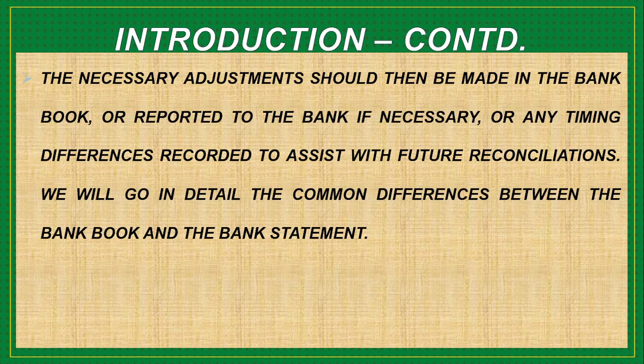The necessary adjustments should then be made in the bank book or reported to the bank if necessary, or any timing differences recorded to assist with future reconciliations. We will go into detail on the common differences between the bank book and the bank statement.